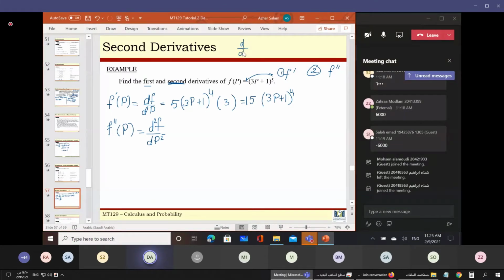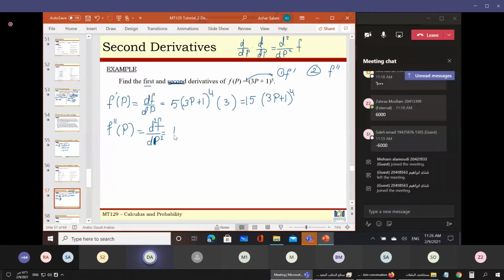It's like writing d by dp multiplied by d by dp, so it will be d squared over dp squared, applied on f. This is just a notation. I will now find the second derivative. I differentiate this derivative for the second time.